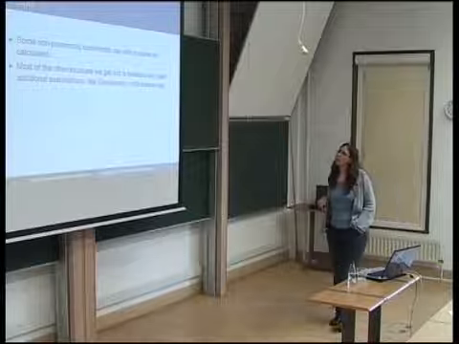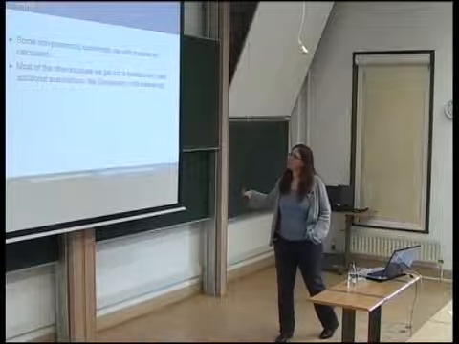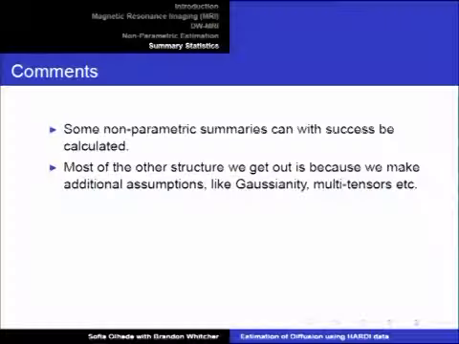And then we can't get out as much apparent structure as if we put in stronger assumptions. But I think this is an important area to go into because we don't want to make false assumptions about the densities and stick in multi-tensor models which have several Gaussian peaks when it should really be a single peak with different structural features, and those would help us to do a better map of connectivity.